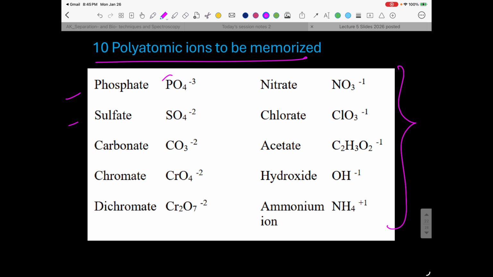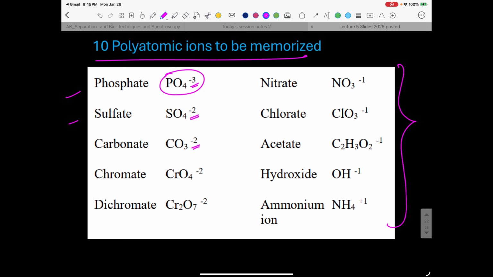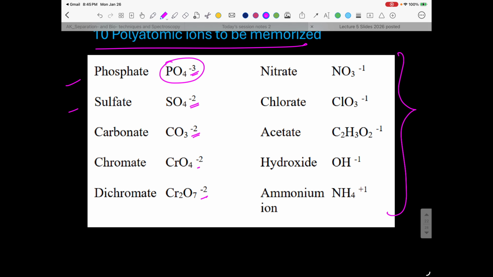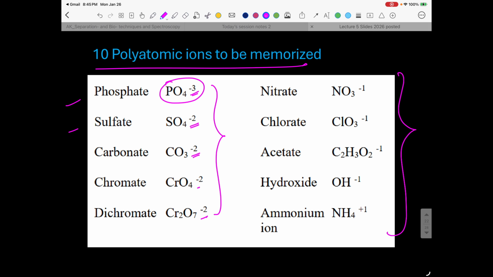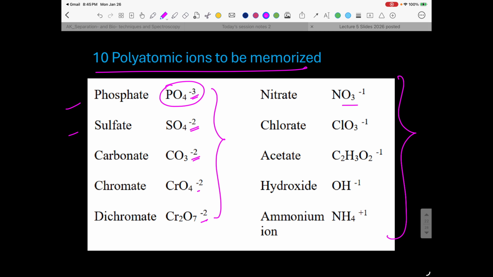So phosphate, this is found in many like ATP or ADP phosphate groups. So it has a -3 charge. Sulfate has a -2. Carbonate has a -2. Chromate, dichromate, both of them have -2 again. So these are all the important ones in the -2 category. And in the -1, we have the nitrate, chlorate, acetate, and the hydroxide here.